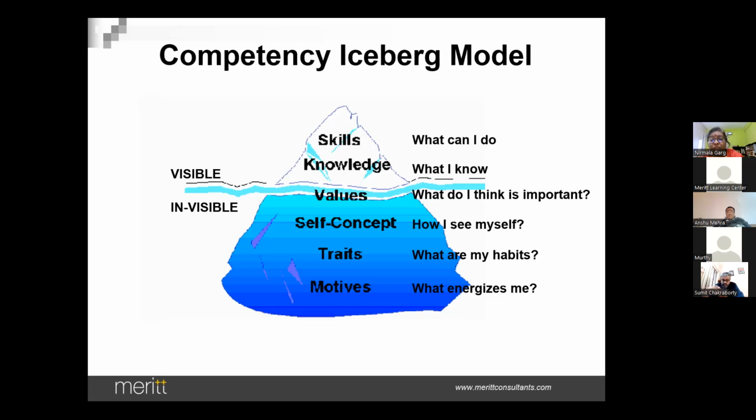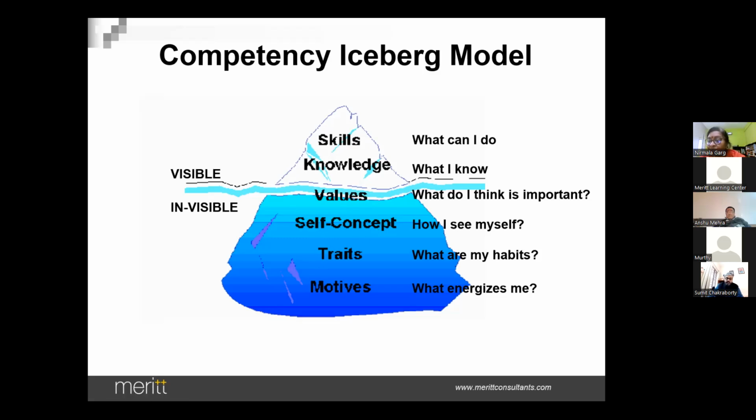Now, Anshu said here, we can't even make out what it is. In interviews, we use the same method of interviewing for skill and knowledge, and also to understand traits and motives. Now, can we use the same yardstick or tool to measure something which is easily observable or easily tested, as opposed to something which is deep down, which cannot be tested?